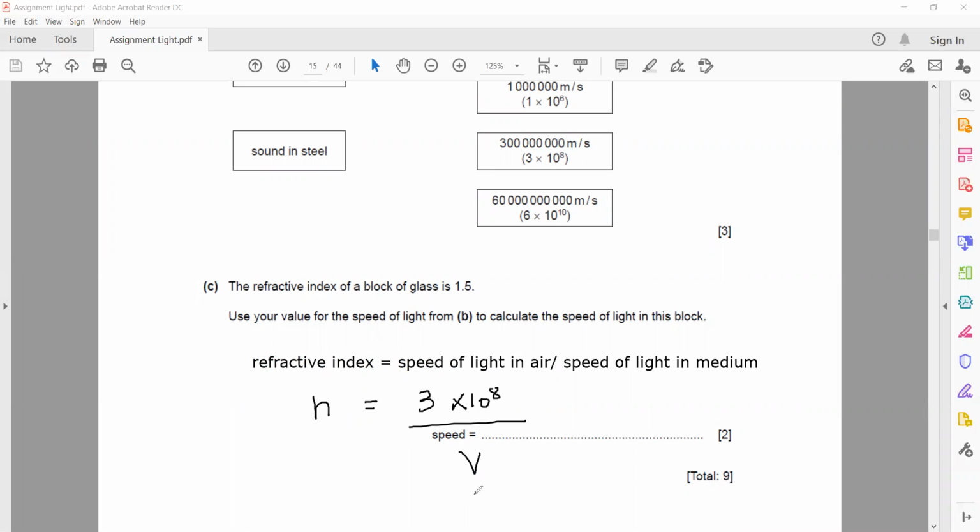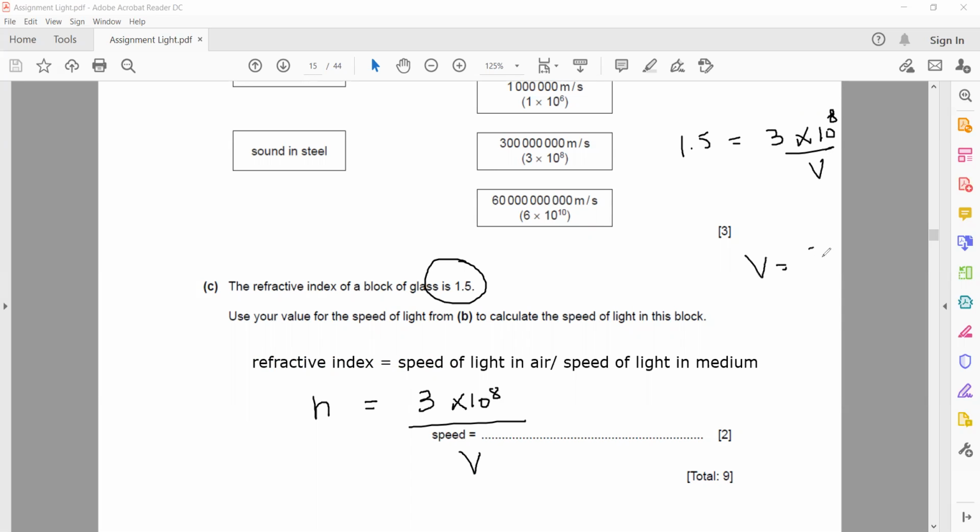So we need v. Refractive index is given as 1.5. Refractive index does not have any unit because it is a ratio. So 1.5 is equal to 3 into 10 power 8 divided by v. V is divided, on the other side it is multiplied.